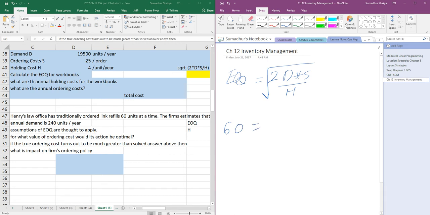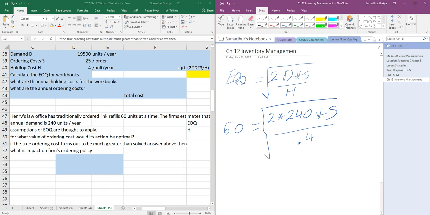Annual demand is 240, so 2 times 240. Setup cost we don't know. Holding cost is 40% of $10, which is $4, not 40 cents, sorry. And the square root of this is equal to this.